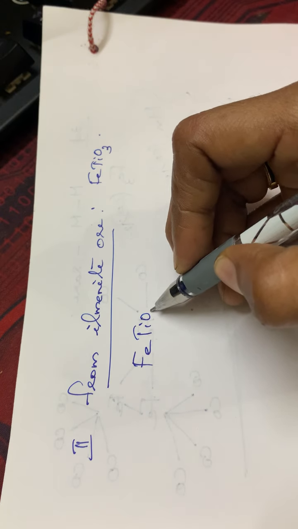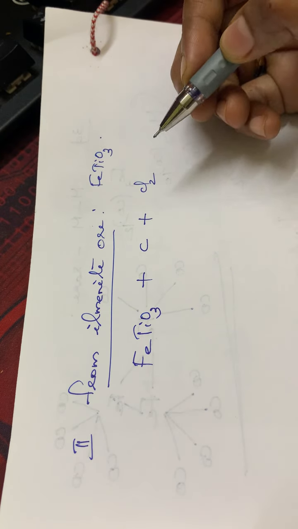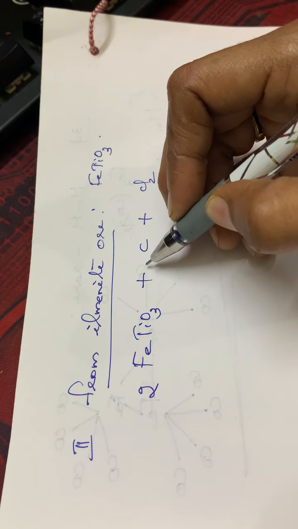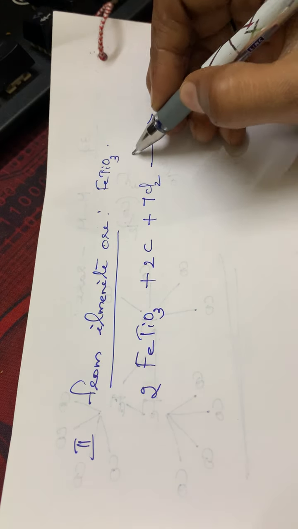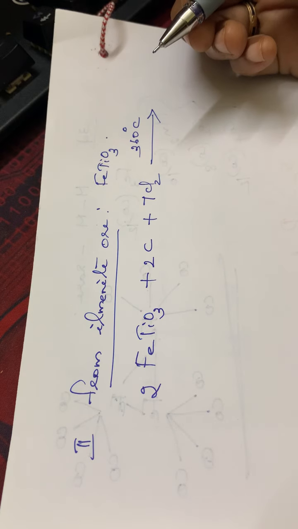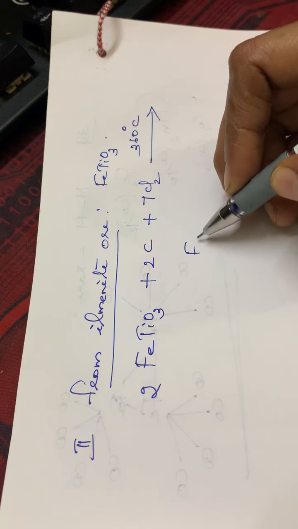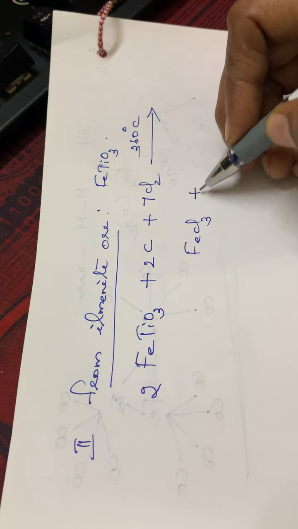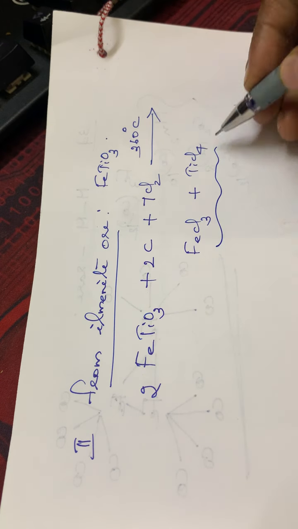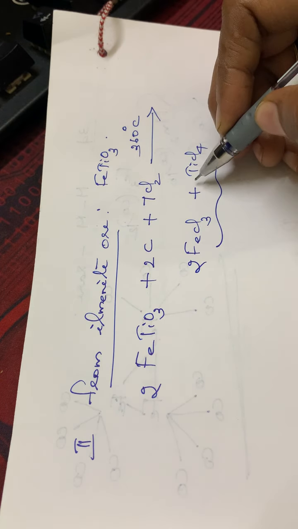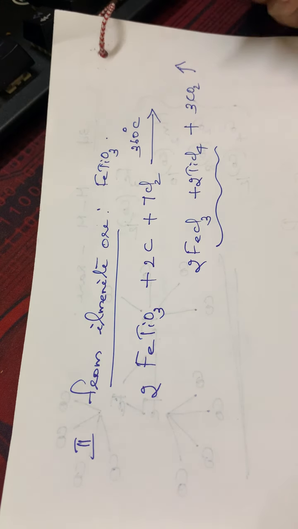So 2FeTiO3 plus 2C plus 7Cl2, heated up to 360 degrees Celsius, we will have a mass of FeCl3 and TiCl4. This is a solid mass: 2FeCl3 and 2TiCl4 plus 3CO2. Carbon dioxide is another byproduct.